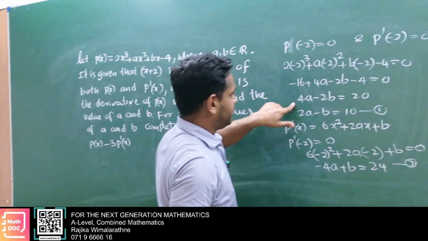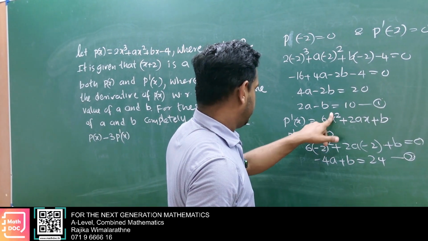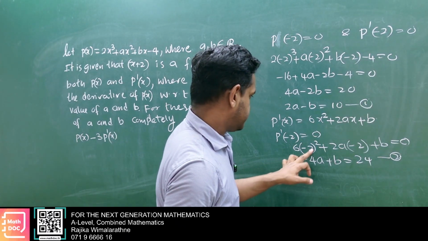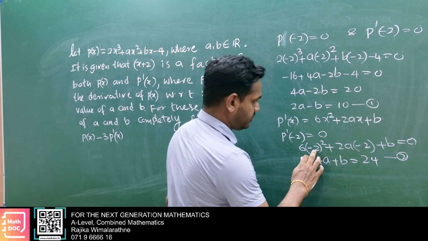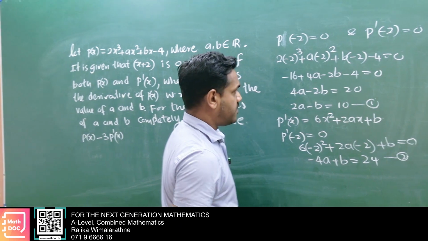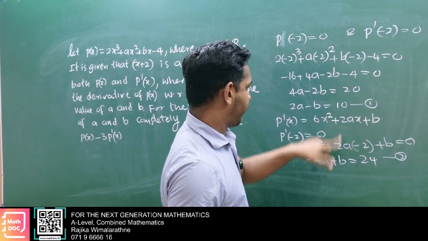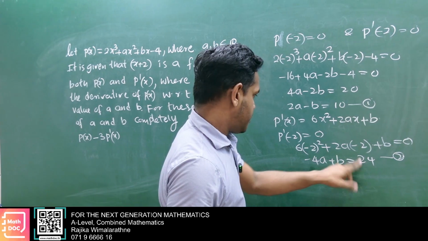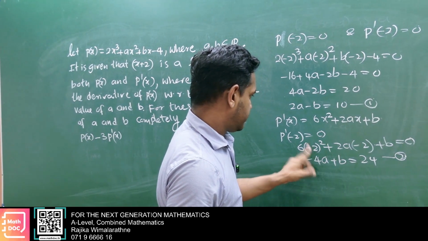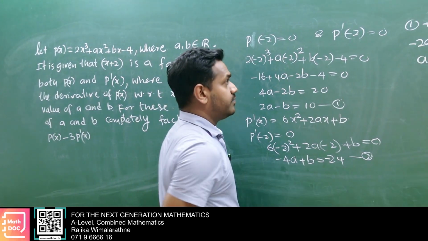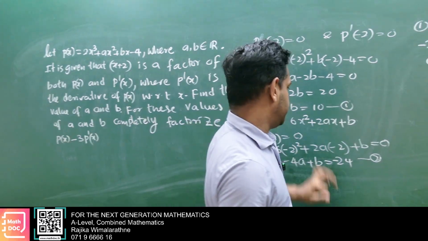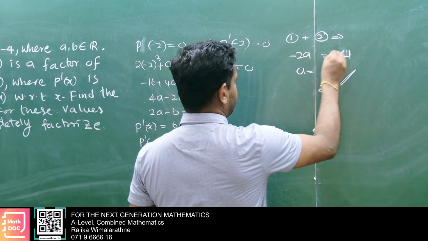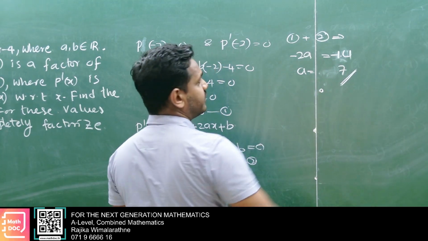Check simplification: −24, then 1 plus 2 gives −14. A equals 7.